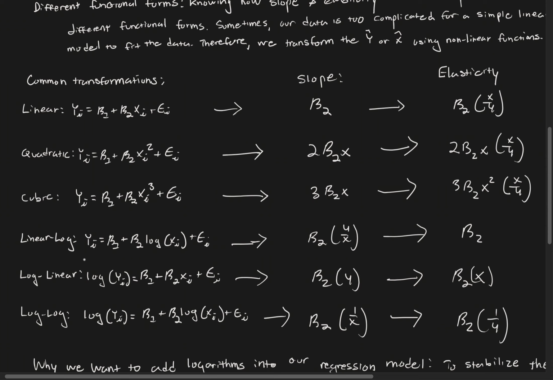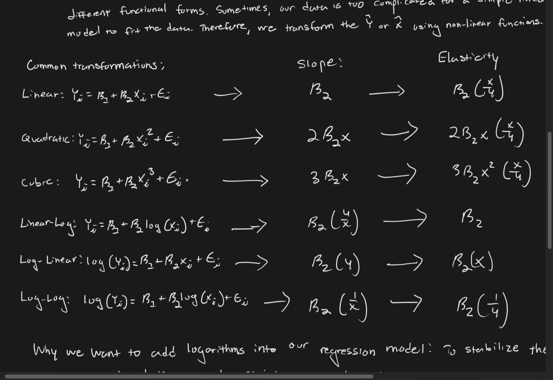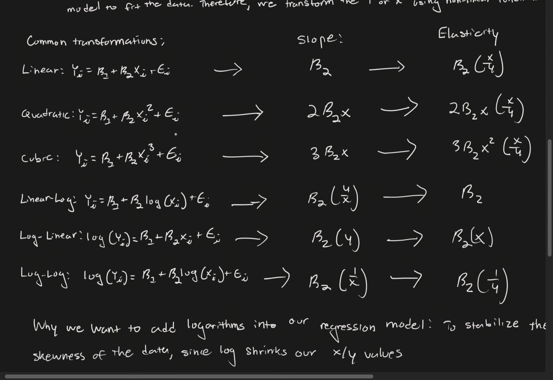We can transform the y variables like we did here. And so our first one is the linear example, which we kind of went over. But then if we go further down the road, so quadratic, cubic, we're just squaring and cubing the x's because they may potentially give a better fit or functional form than the linear relationship.